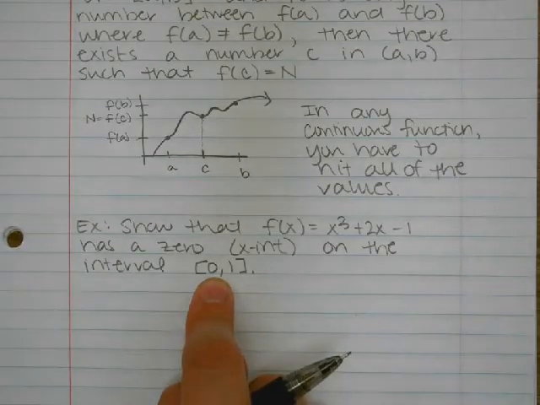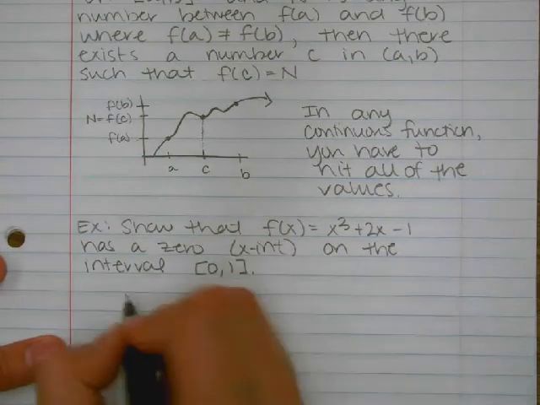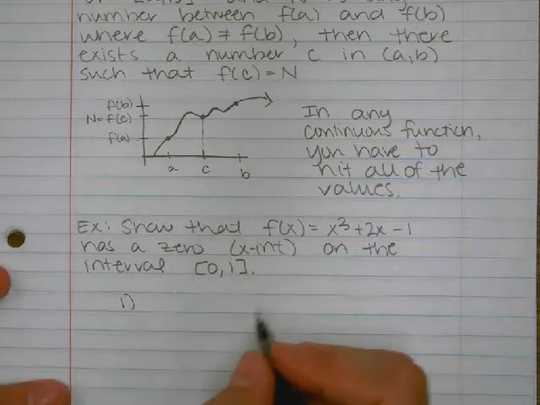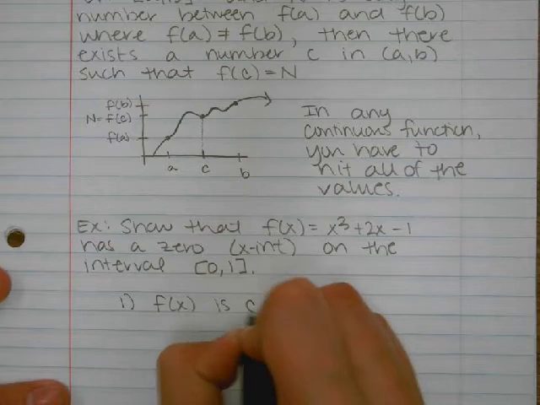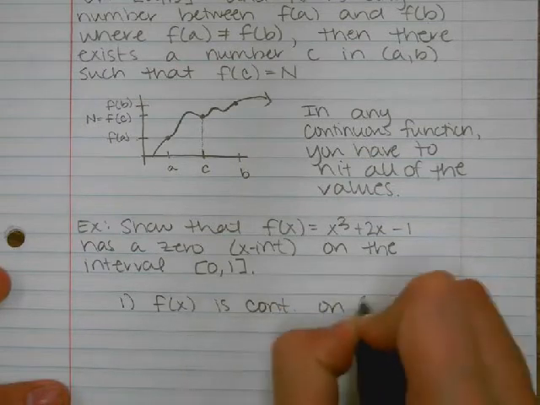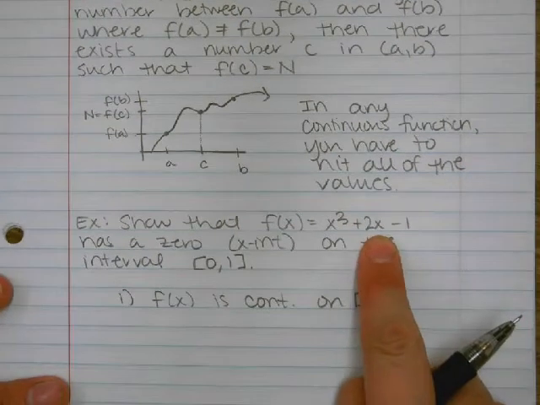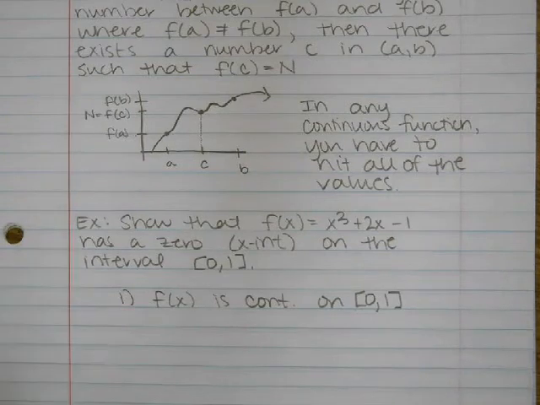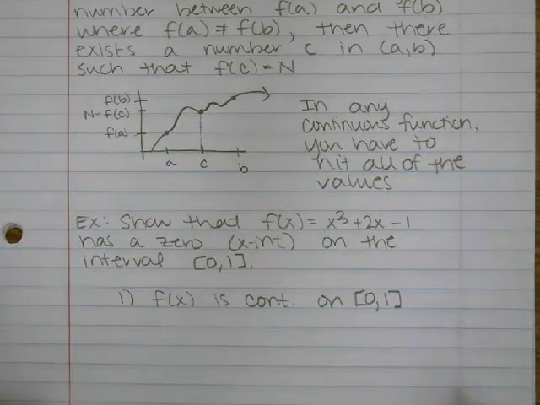Going back to the definition, the first thing we want is to make sure that it's continuous on the interval, on (a, b). We say that f of x is continuous on [0, 1], and we know that for sure because this is a polynomial, and polynomials are continuous on their domain, from negative infinity to positive infinity.